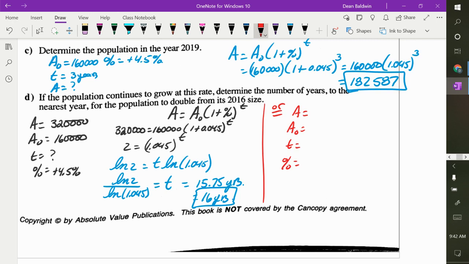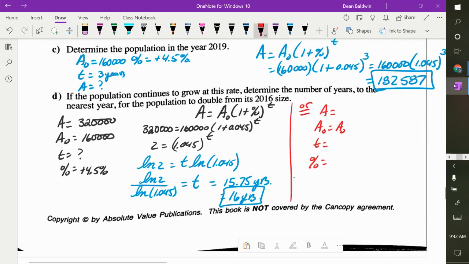The initial amount, we can just say we don't know it. It's A naught. Who cares? But the final amount is 2 times A naught. That's what you did here, that's how you got that number, right? 2 times 160. And then times what we're trying to find, and this is 4.5%.